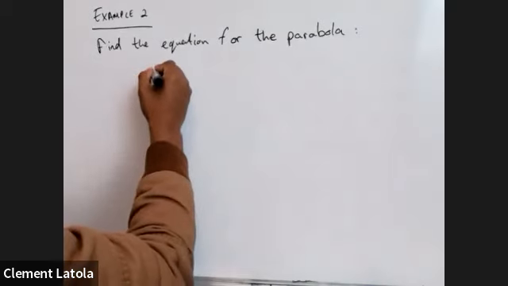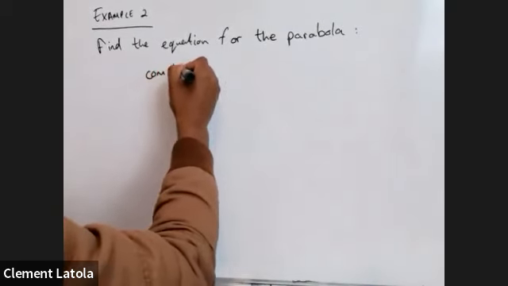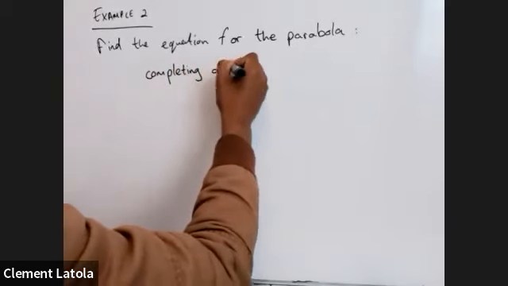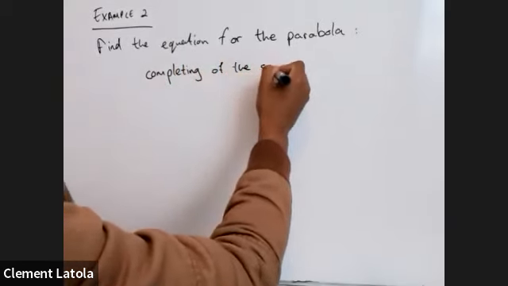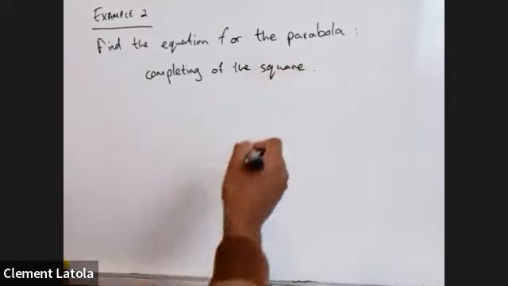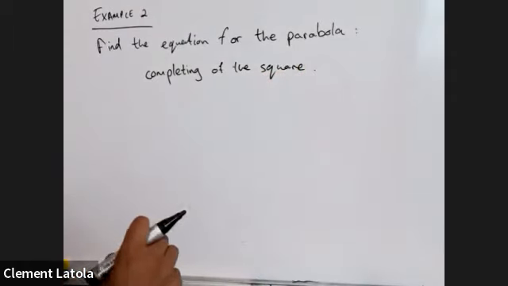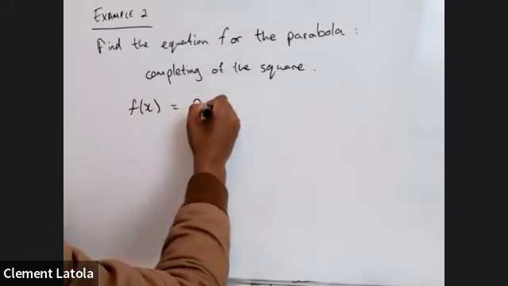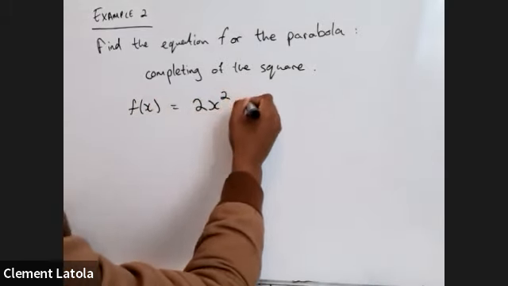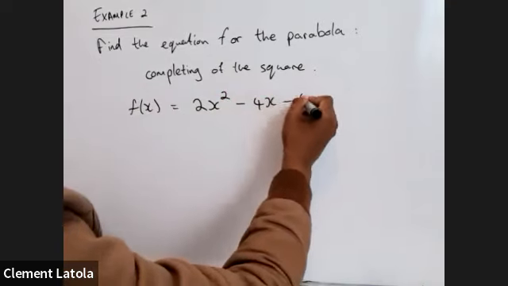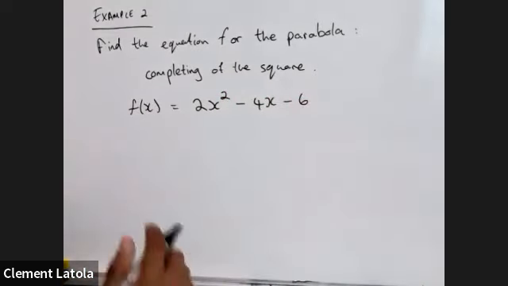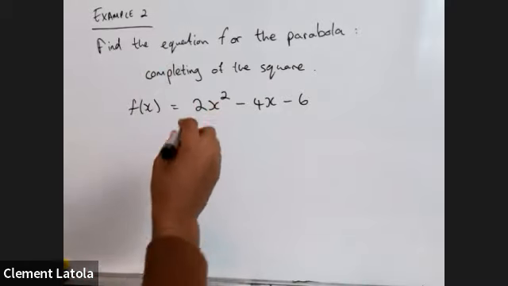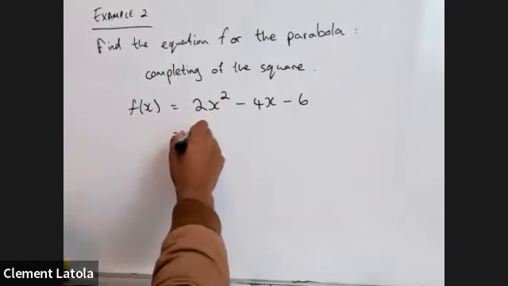Let's just title this completing the square. So if we have f(x) equal to 2x squared minus 4x minus 6, let's first factorize by taking out a 2.